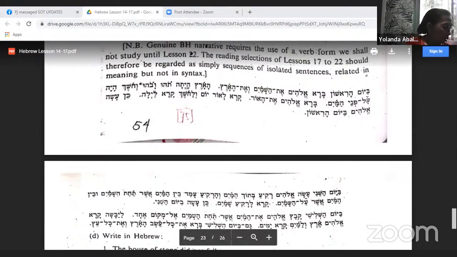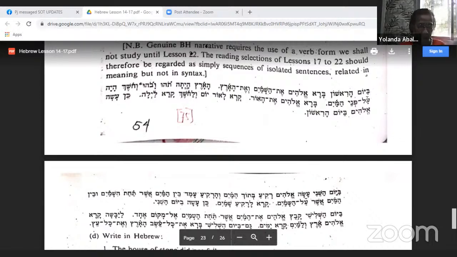So, you will have to read. Ang assignment nyo is you do a lot of reading dito sa Genesis, and then you will read Genesis chapter 41 verse 33 and 34.